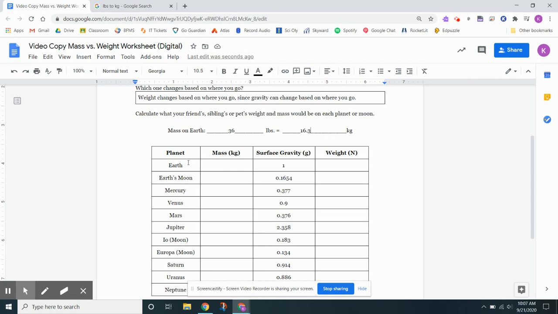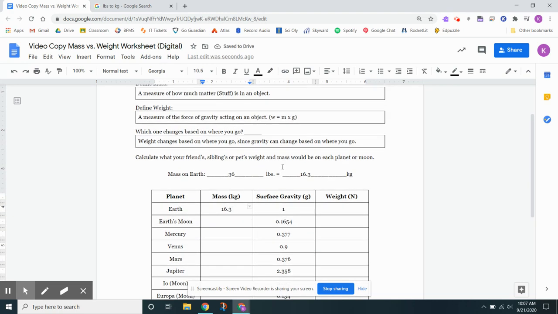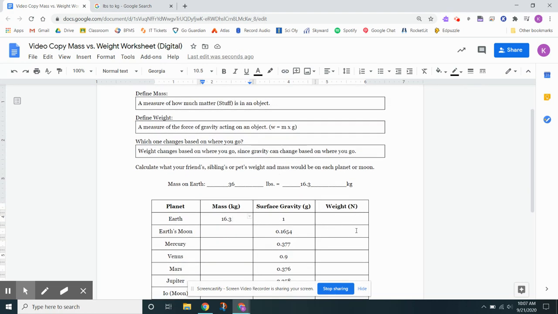The first thing that it asks us is, on Earth, what is the mass in kilograms of this living being? So it would be 16.3. Now, to find weight, which is what we're looking for in the last column, you take mass, multiply it by the gravity, and you'll get the weight.